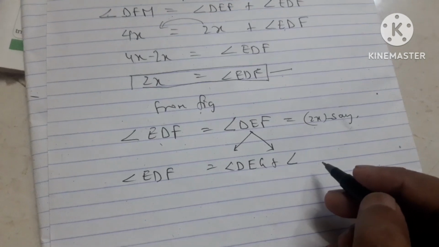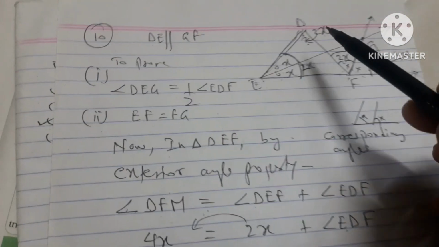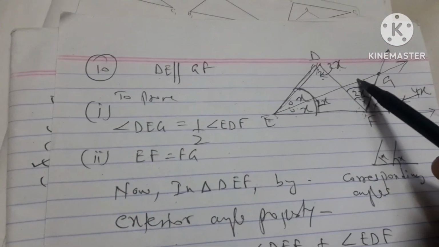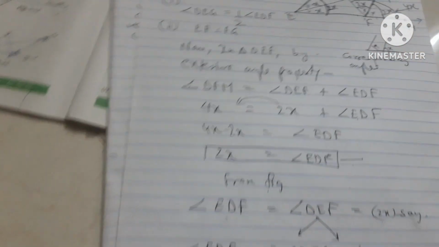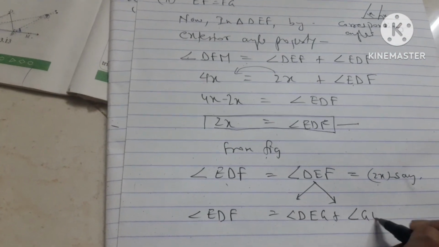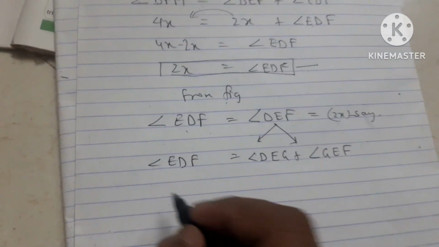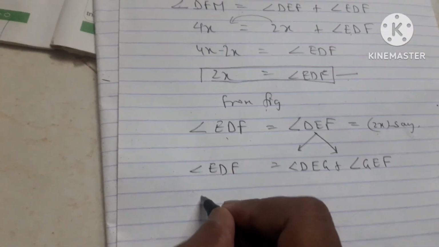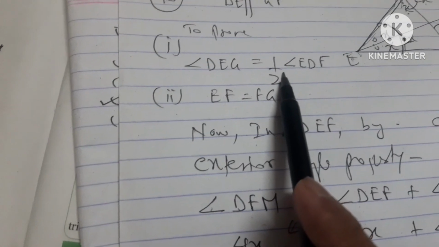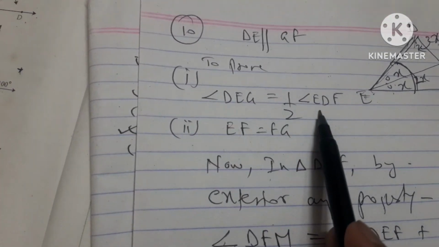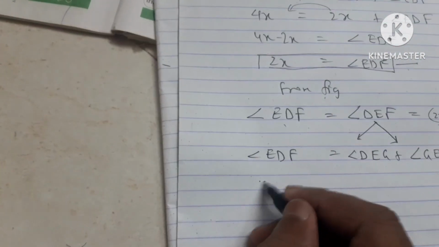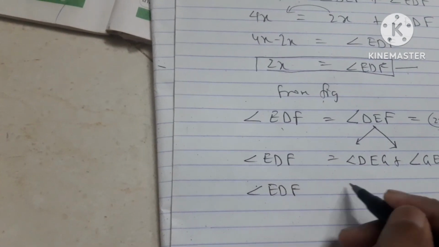So we write DEG plus, if you see the figure again, this plus this plus this. We write another angle GEF, but GEF we don't want. So we will replace it with its equal angle. We want only DEG and EDF. EDF we already have.